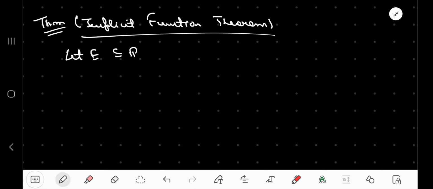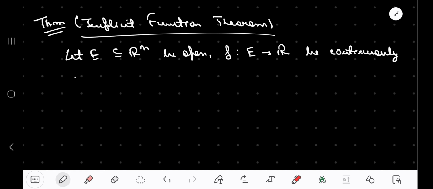Let E in R^n be open, and f be a function from E to R which is continuously differentiable.